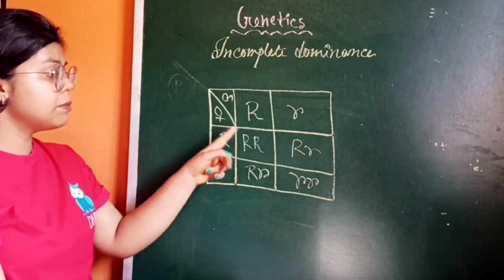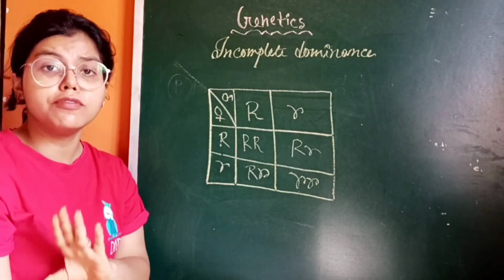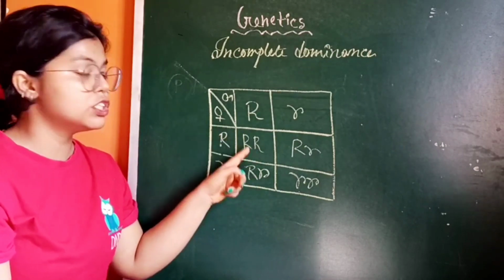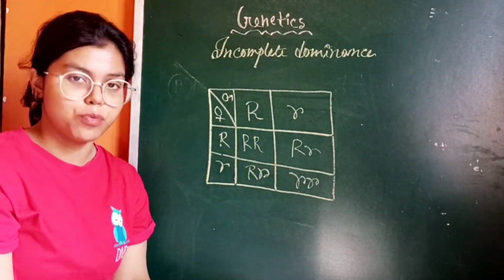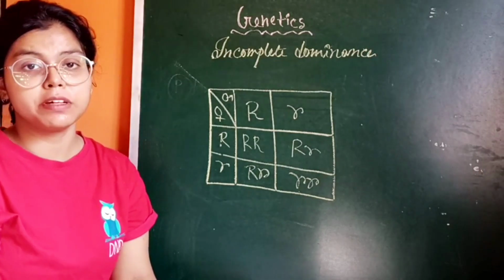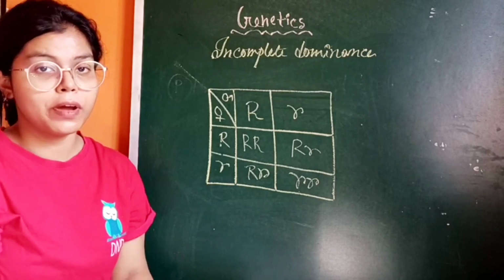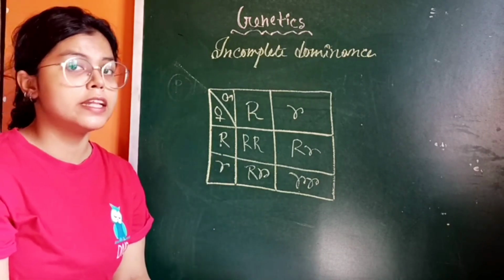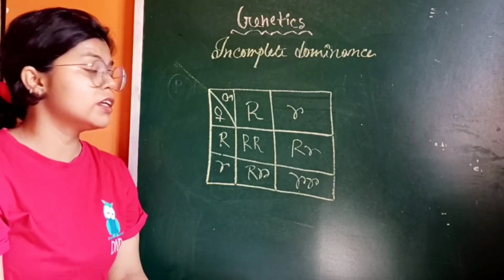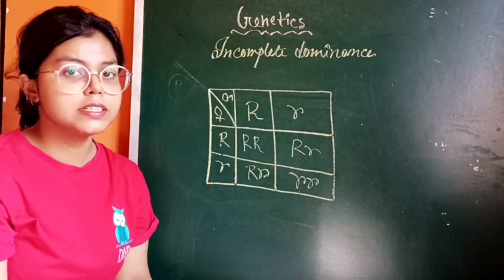But in this case, 50% are pink color flowers, and capital R is red, small r is white. In this case the phenotypic ratio and the genotypic ratio remain the same. This is a very important point in incomplete dominance, and a question is always asked about it: in which experiment do the phenotypic ratio and the genotypic ratio remain similar?